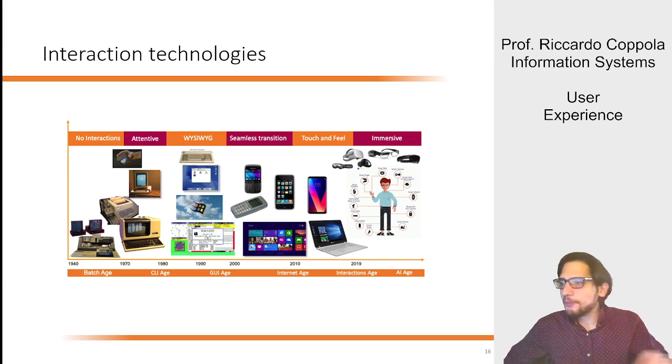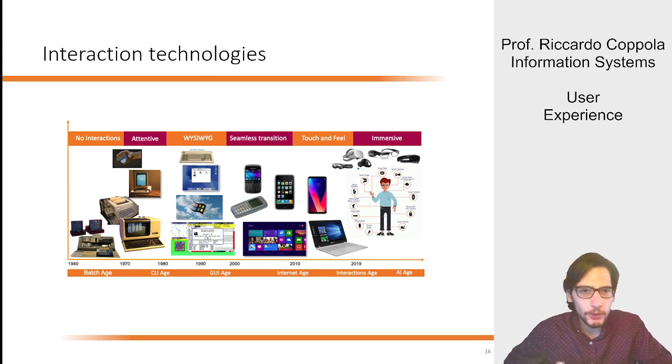And regarding the user interface, of course, user interface design and user experience design have evolved over time. So the interaction system has evolved a lot from the 60s to the modern days.